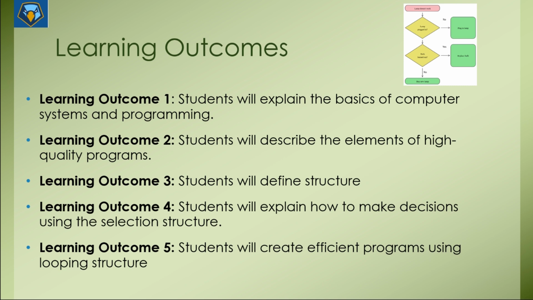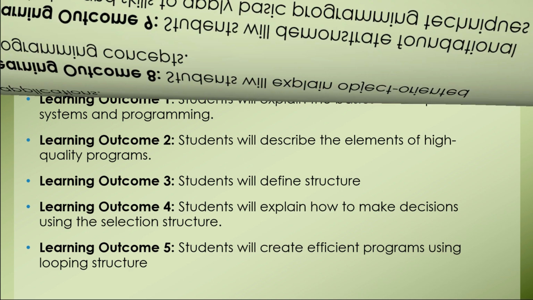Number 2, students will describe the elements of high quality programs. You'll also be able to define structure in programming. You'll be able to explain how to make decisions using the selection structure, and students will create efficient programs using looping structures. There's more.